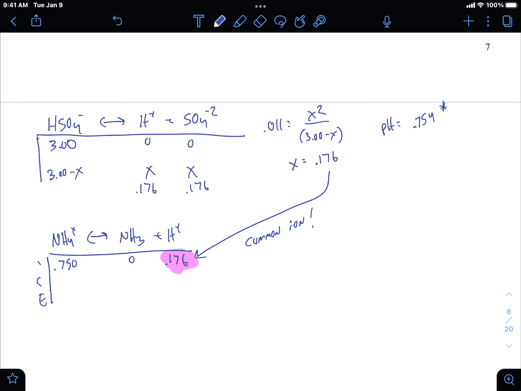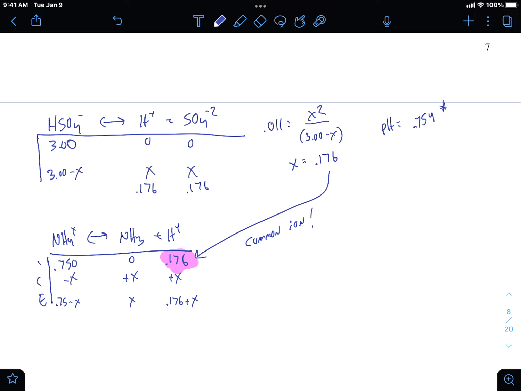I can see why you said that, but the fact is there's still a zero, right? And in order for an equilibrium to be established, you have to have something on both sides. So this direction must go forward. We will be adding X to the product side, subtracting it from the reactant side. Okay, those are my equilibrium variables.